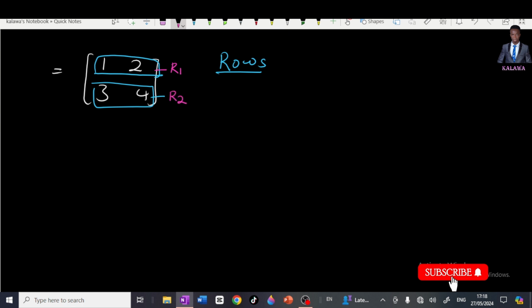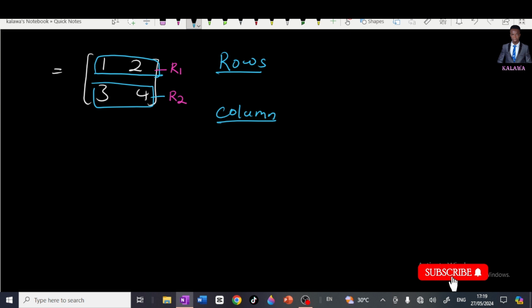Row 2. So now let's understand what then is a column. A column matrix, we say it is a matrix in which the members move in vertical position, meaning they stand straight. That's a column matrix.